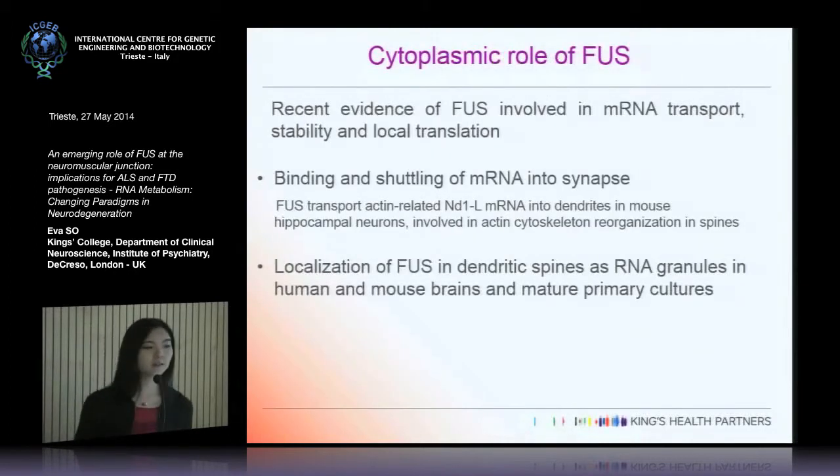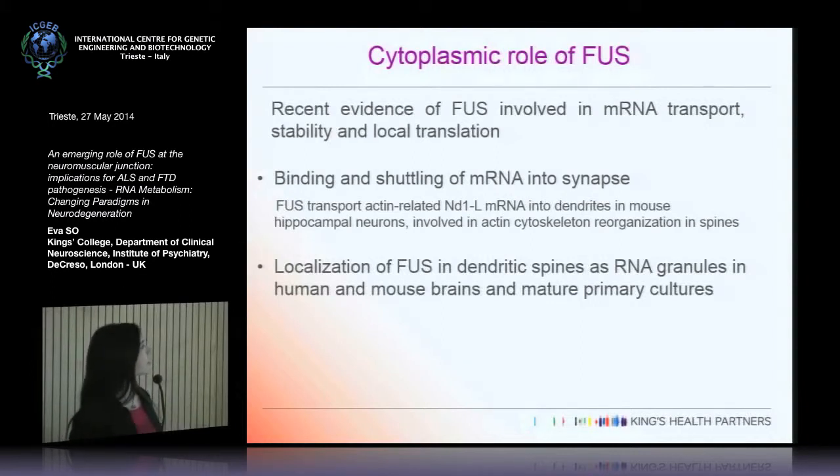Despite the fact that the best described functions of FUS are the regulation of transcription and splicing in the nucleus, a lot of recent studies have shown that FUS is involved in mRNA transport, stability, and local translation, which include the binding and shuttling of mRNA into the synapse.